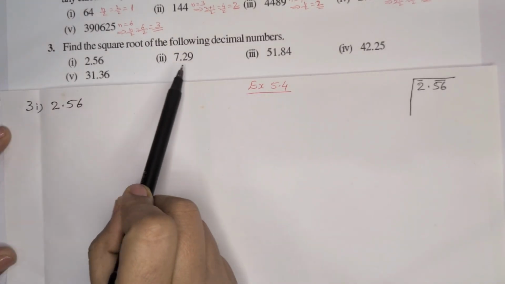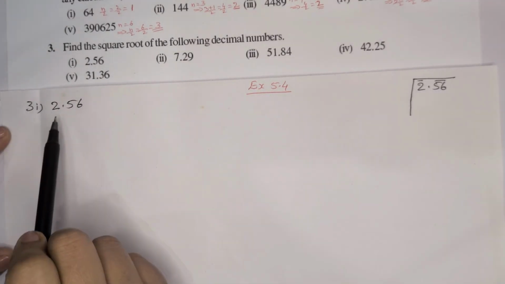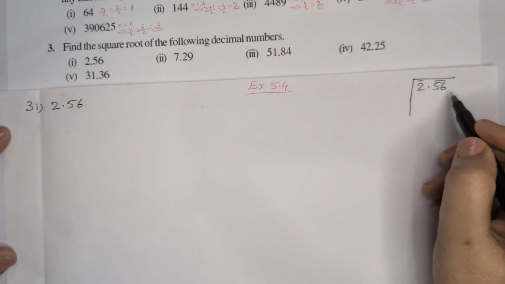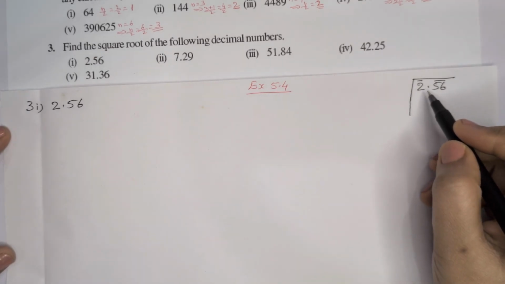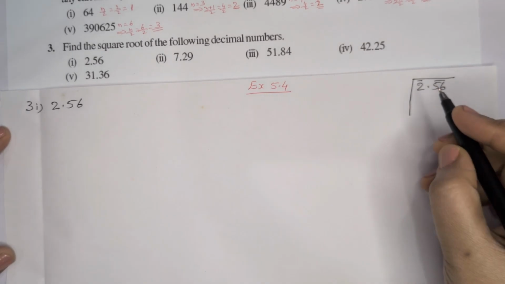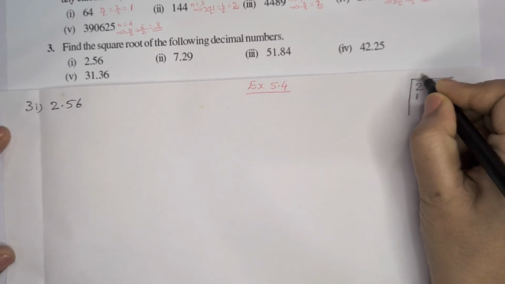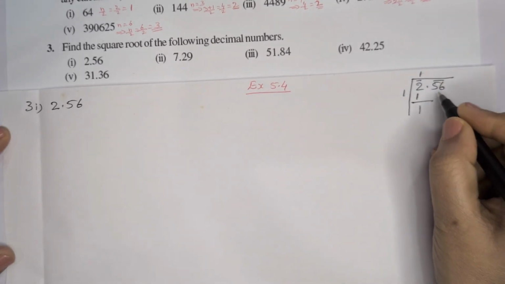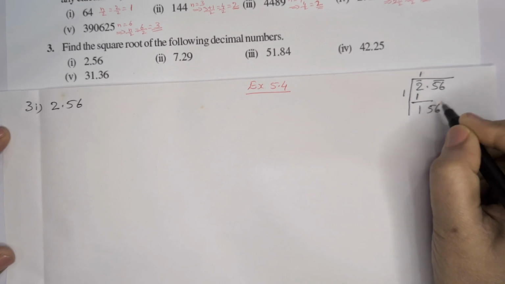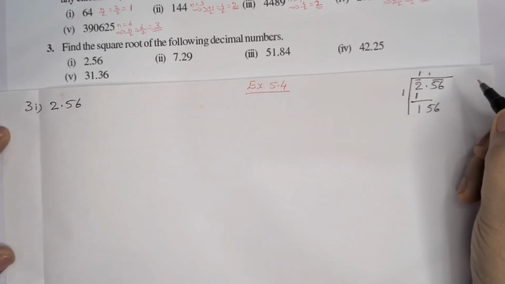Third question, find the square root of the following decimal numbers. First one, 2.56. First we have to group that, and below 2 the perfect square is 1. That means 1 square. 2 minus 1, 1. And then the next group, that is 56. Put the decimal point here.